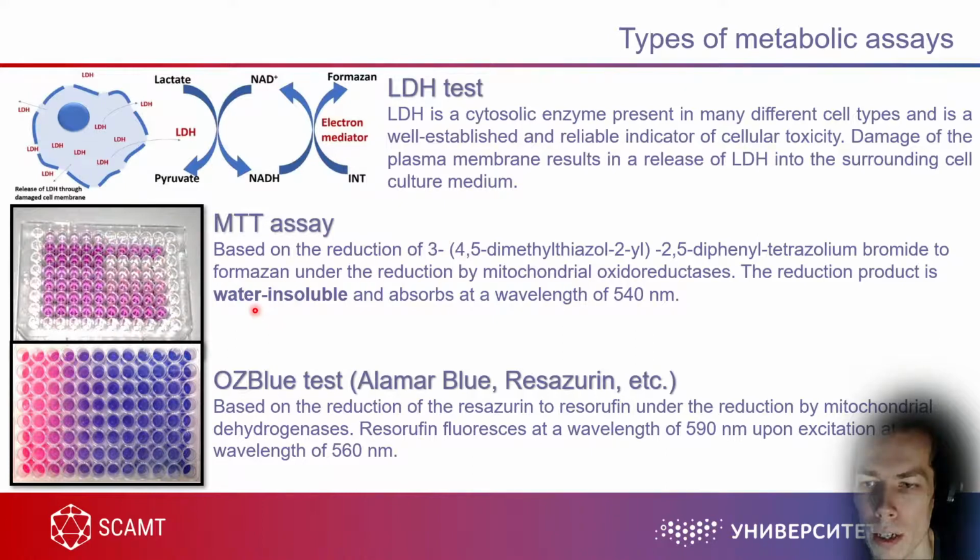But for example, the XTT assay can detect the viability of maybe 1,000 cells. So 10 times more precise when we're talking about results.